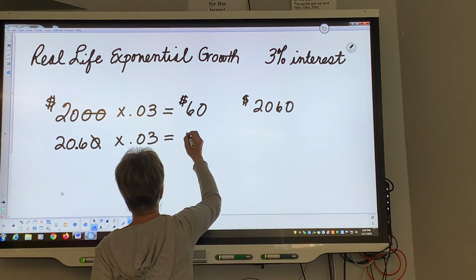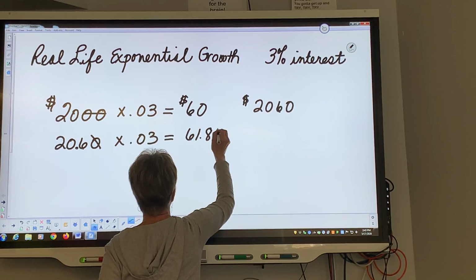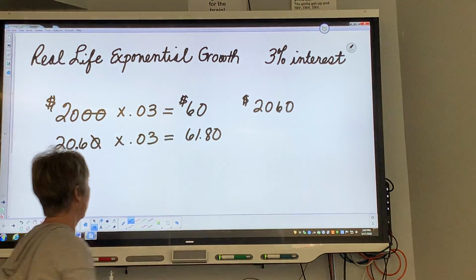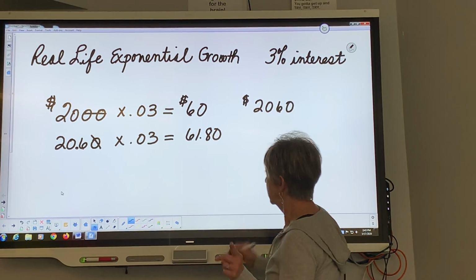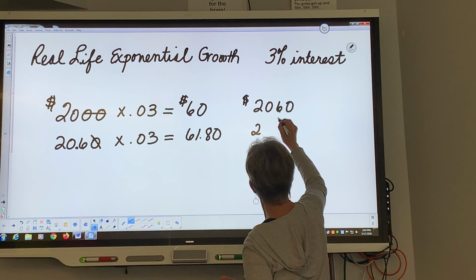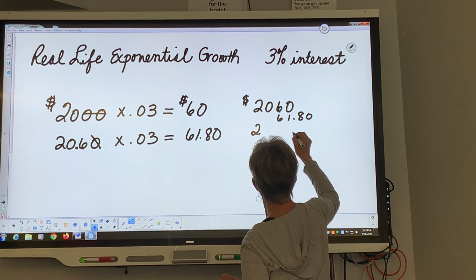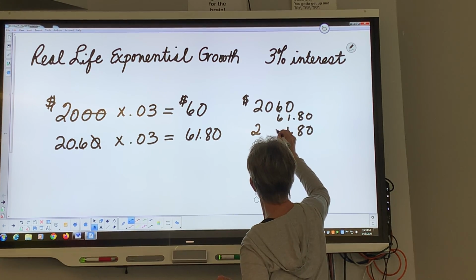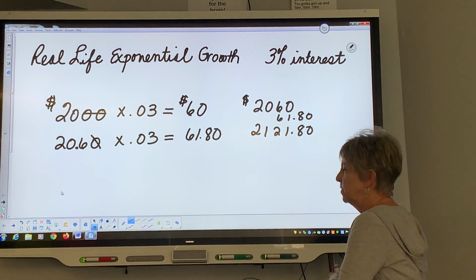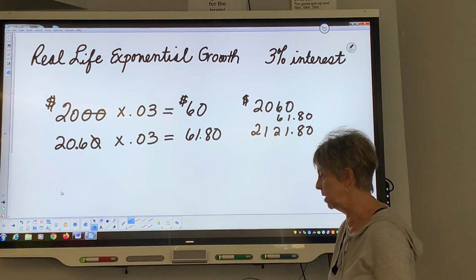I think that's going to be $61.80 if I'm doing my math right. So now you're going to have this amount added on here. If I add $61.80 onto that, you are now going to have $2,121.80 after your second year.